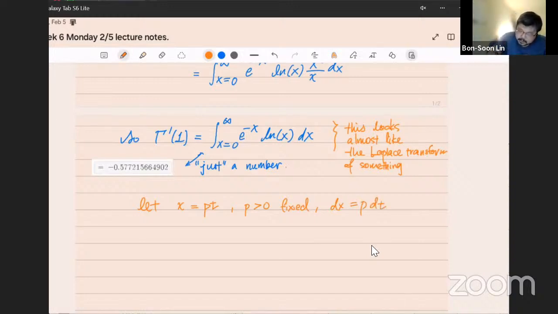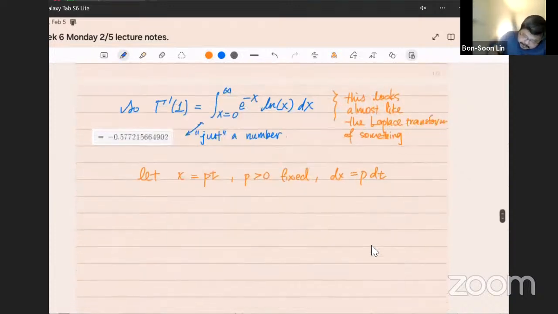So we're gonna use this to rewrite what gamma prime of 1 is. Let's see. So we have gamma prime of 1 is equal to, let's see, when x is 0, what is t? Well, when x is 0 and p is positive, then t must be 0.